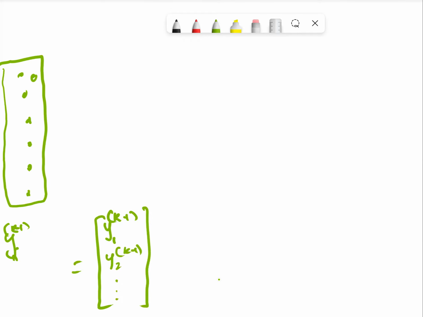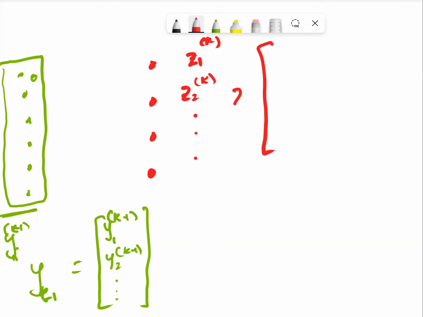This is my vector y_{k-1}, which represents the outputs of the neurons in the previous layer. For the next layer, I would have a bunch of neurons of this kind, and what you're going to be computing is z_1,k, z_2,k, and so on. These I can write as the vector z_k equals z_1,k, z_2,k, and so on.